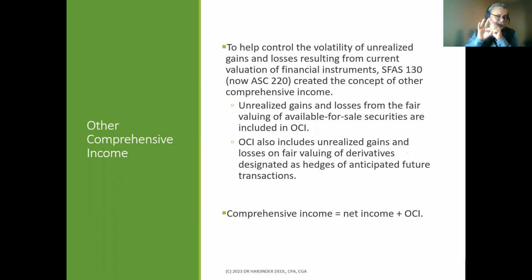In intermediate 2, you will have learned about pensions, so defined benefit pension plans. Any remeasurement gains and losses go through other comprehensive income. All right. And then in advanced financial accounting, you will learn about cash flow hedges. If a company uses cash flow hedges, then changes in the cash flow hedges go through OCI.